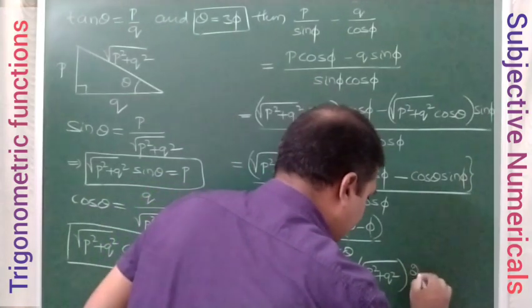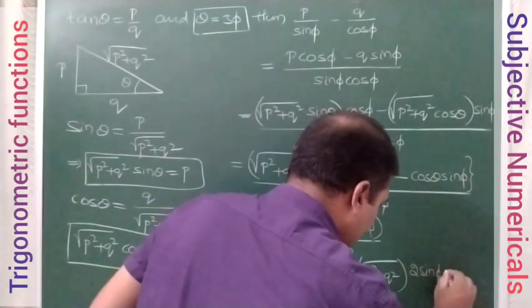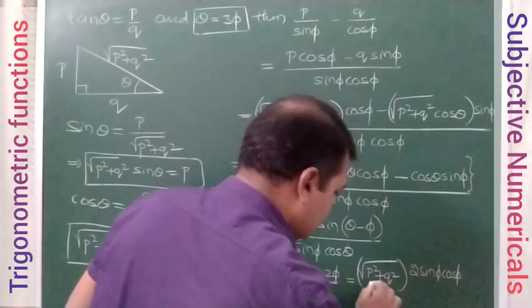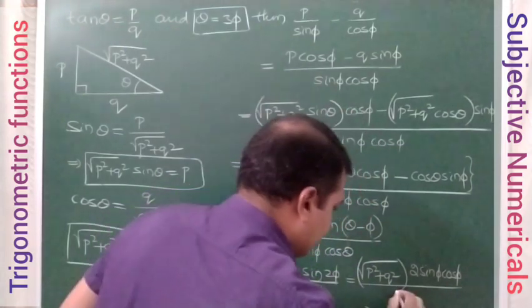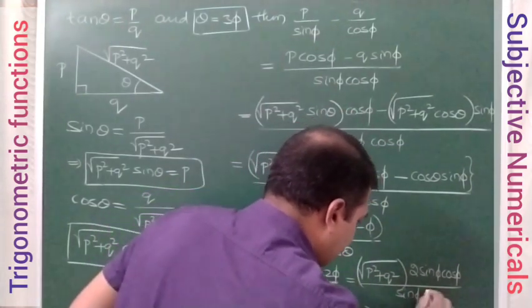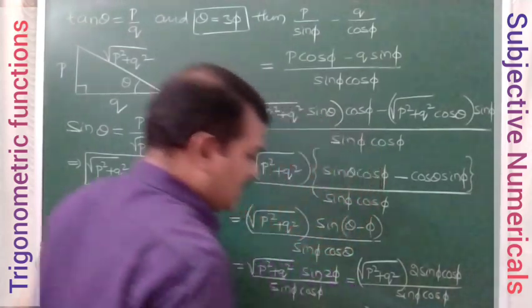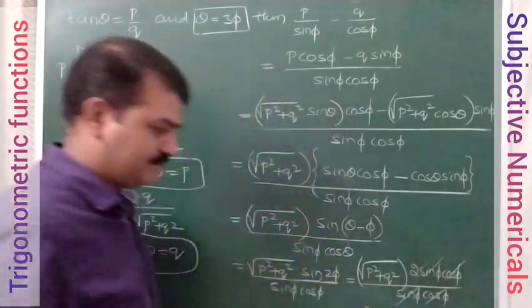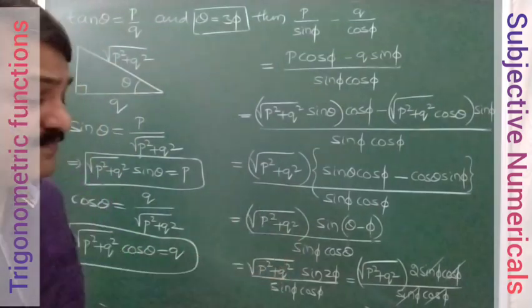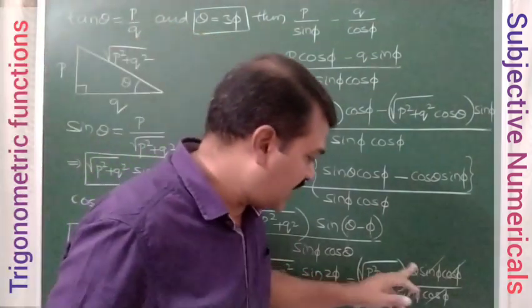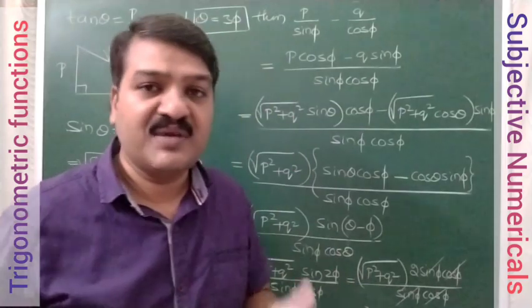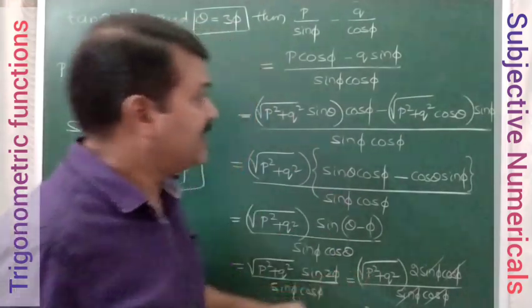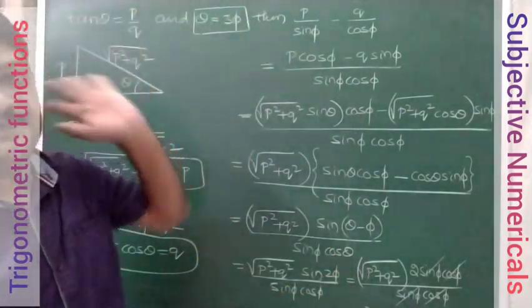So sin 2 phi can be written as 2 sin phi cos phi and denominator sin phi cos phi as it is. Now clearly sin phi cos phi cancel. So that is the answer. What is left? 2 into under root p square plus q square is the final required part of this question.